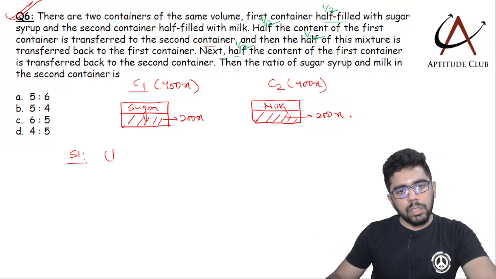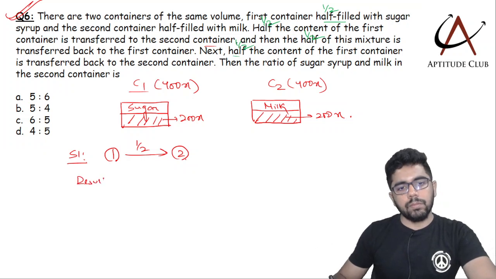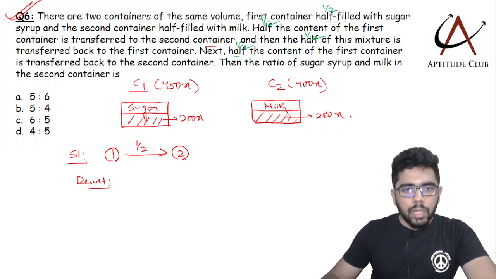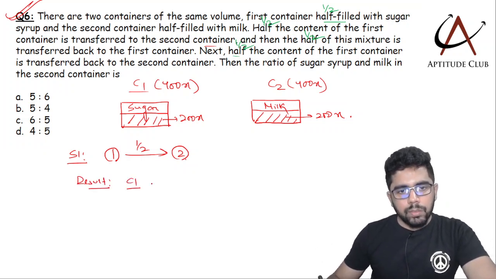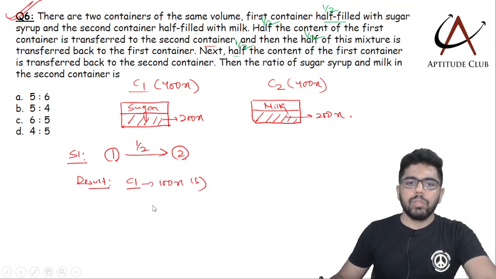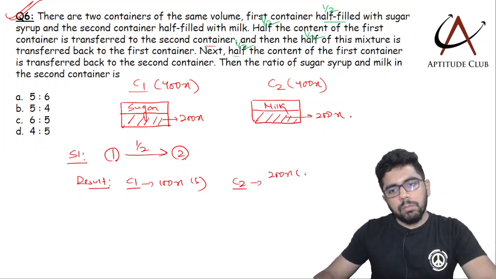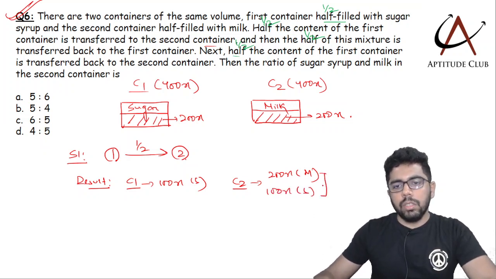So what is the result? Now container 1 has 100x of sugar, because half was given there, and container 2 has 200x milk and 100x sugar, so total 300x.